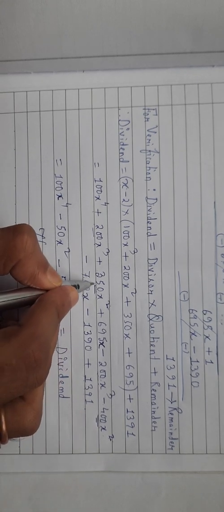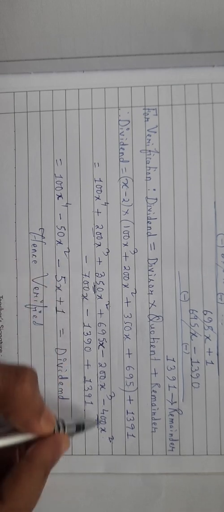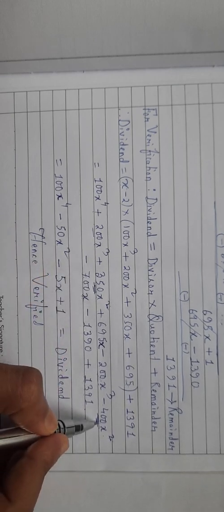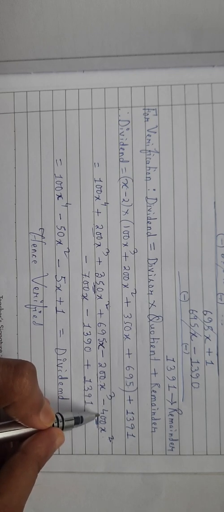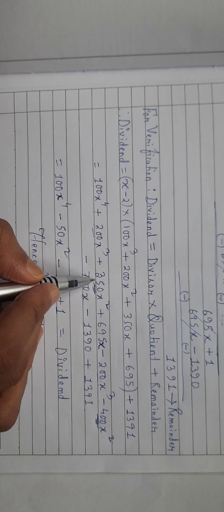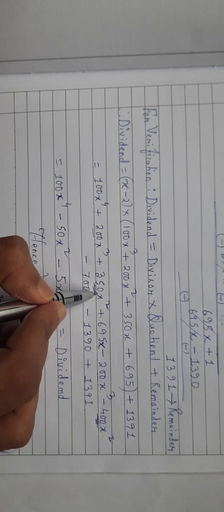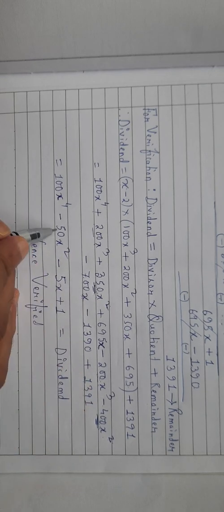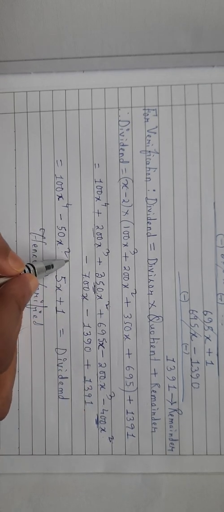So once again they are like terms, and since the minus sign is with the greater number, 400, we subtract 350 from 400. The answer is 50, so it is minus 50x square.